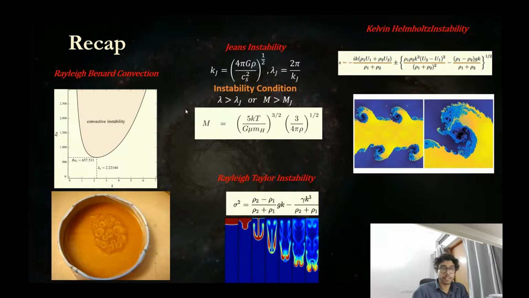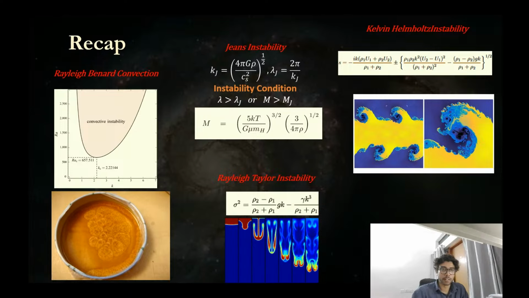Then there is Rayleigh-Benard convection, which occurs when you have a heat bath. So for example, in this video, you have this heat bath, and the fluid is heated from the bottom, whereas at the top it's much colder.